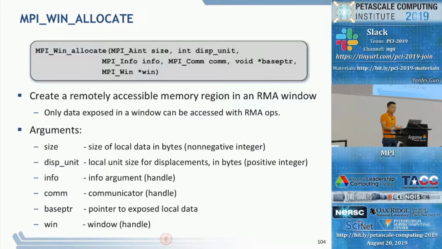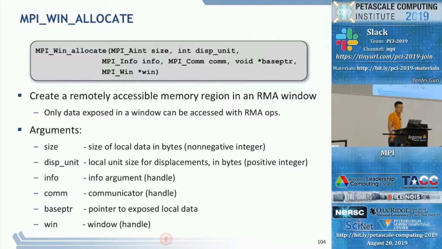But it also could be a subgroup. If you just need to exchange data in a subgroup, you can create a communicator of that subgroup, and then only do the MPI win allocate on that group. Okay. And the base pointer here is an output argument, the base address of this allocated buffer, and then the window is the handle of the window.